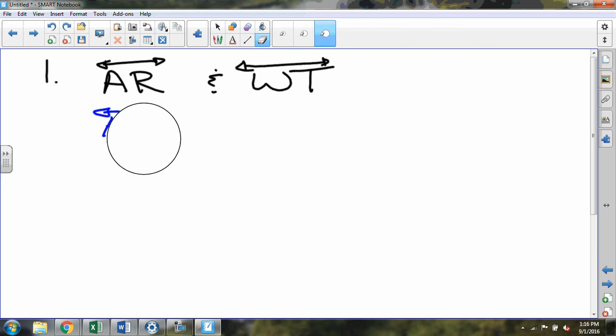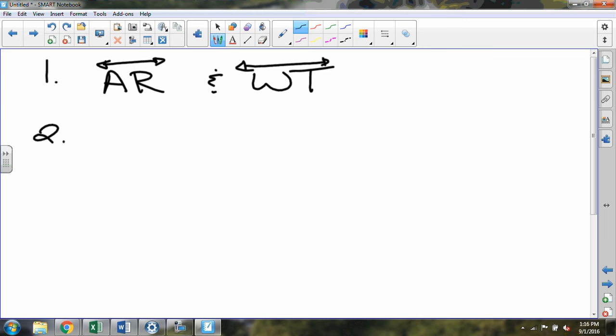Okay, continuing to question number 2. Draw and label a pair of opposite rays, FG and FH. What are opposite rays? I'm starting to see some hand signals with people pointing in opposite directions. That's exactly what they would be.